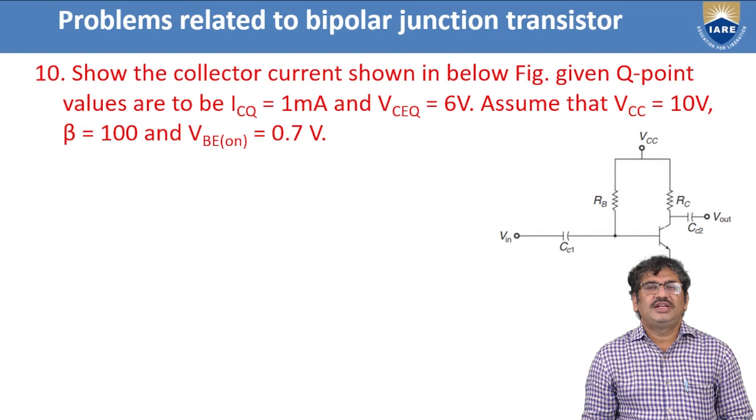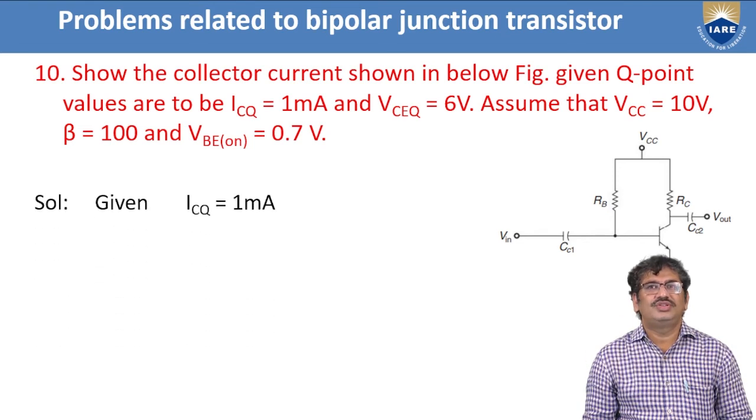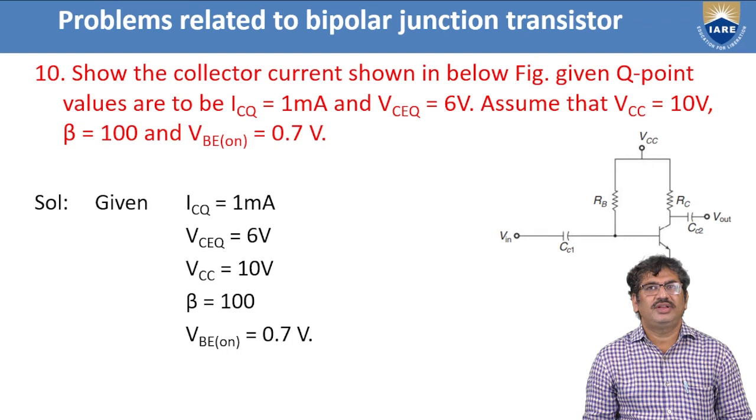So the transistor is connected in fixed bias. The given values are ICQ is equivalent to 1 milliampere, VCEQ is equivalent to 6 volts and given VCC is equivalent to 10 volts, beta is equivalent to 100, VBE on is 0.7. We need to find out the collector current which is flowing through the circuit.